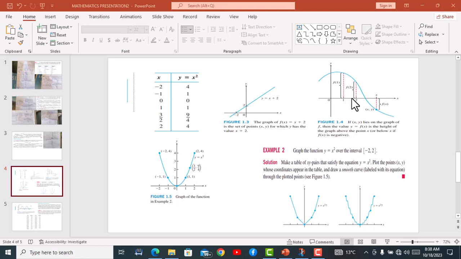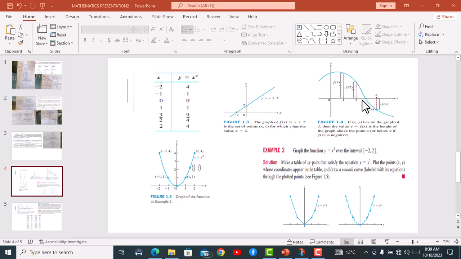And as you keep on increasing the value of x, the height decreases. This is very important. When the x value that you are inputting into the function is small, we have a very high height, and when the value of x is bigger, the height keeps on decreasing.